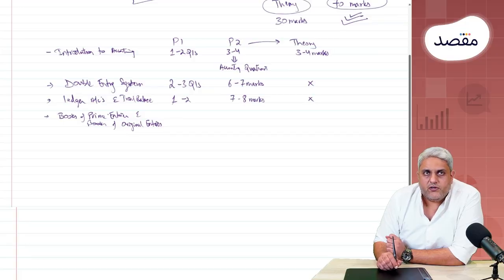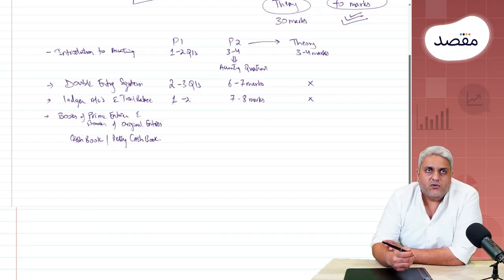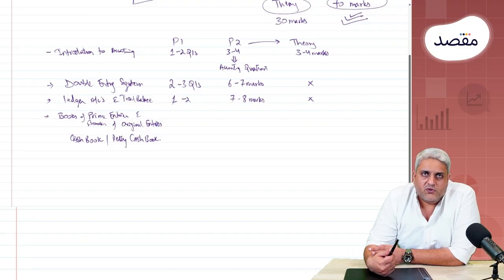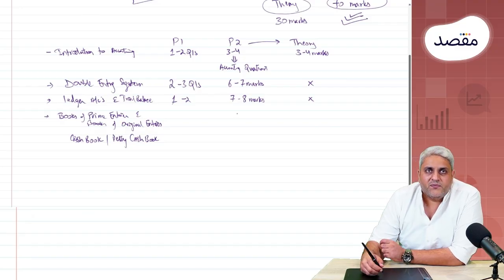Now, in books of prime entries, examiner's favorite books of prime entries would be either cash book or petty cash book. And as a student, when you see a cash book or a petty cash book, you are filled with joy. Kya baat hai. Examiner is your friend.